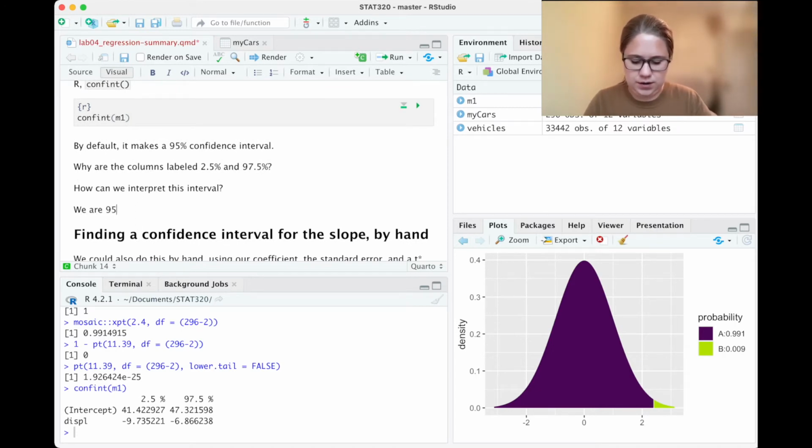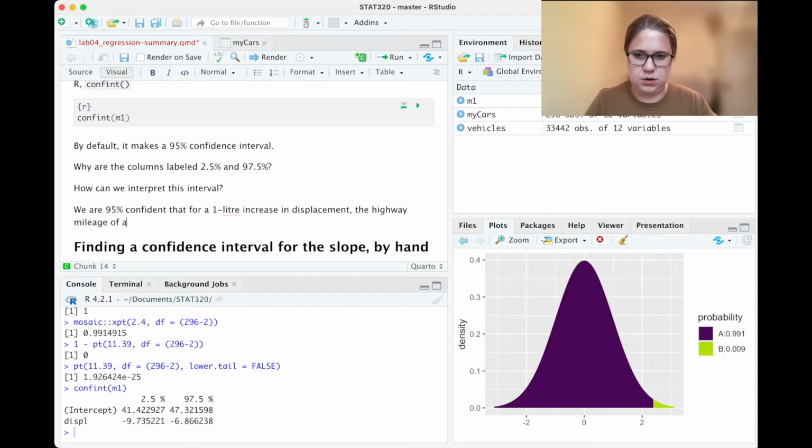We are 95% confident that for a, what are the units in displacement? I think it's liters. A 1 liter increase in displacement, the highway mileage of a car changes between negative 9.74, let's round, and negative 6.87 miles per gallon.